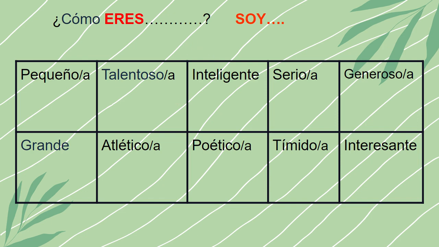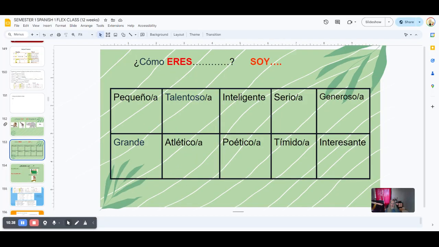Say them out loud, send them over to me so I can take a peek at them and see how we're doing. So an example would be, yo soy talentosa, inteligente, y generosa. Generosa, generous. Those would be 3 adjectives that describe me. ¿Cómo eres tú?